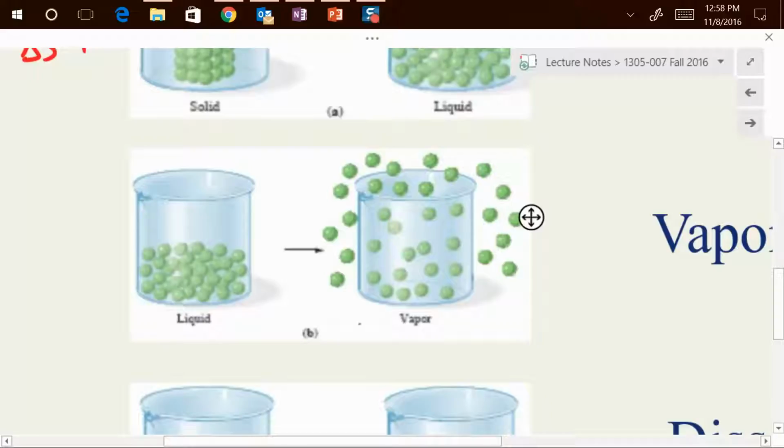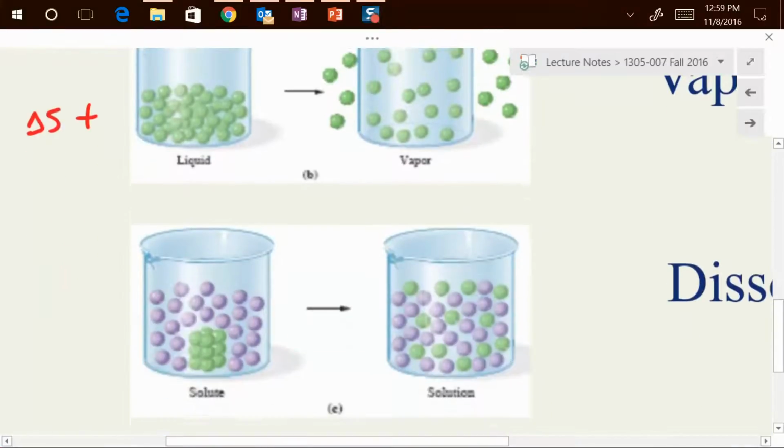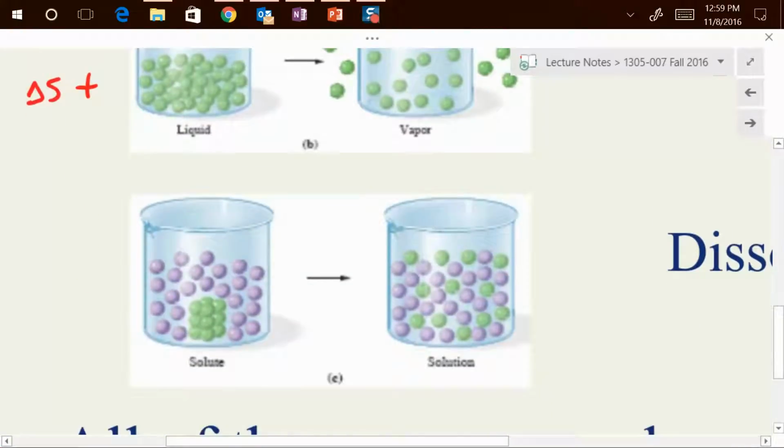Now from the liquid to the vapor, delta S is positive as well because look, it's becoming more disordered, right? So it's still positive. What about the solute here? Nice little organized salt.